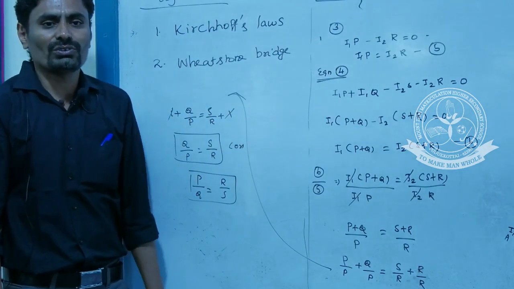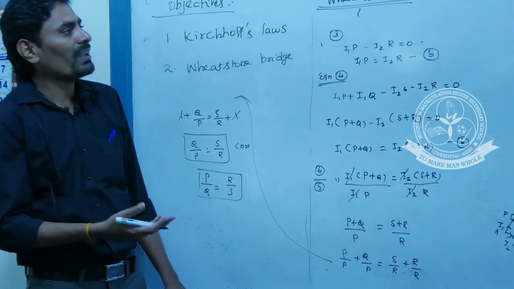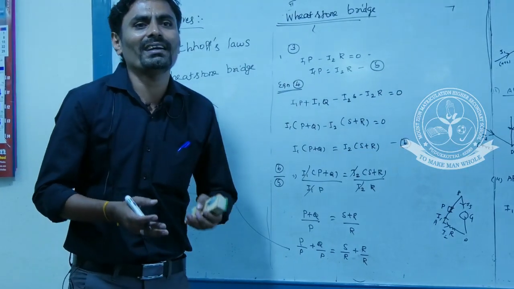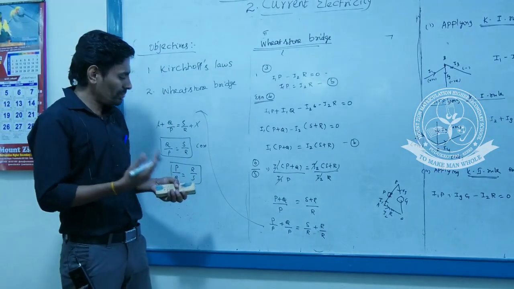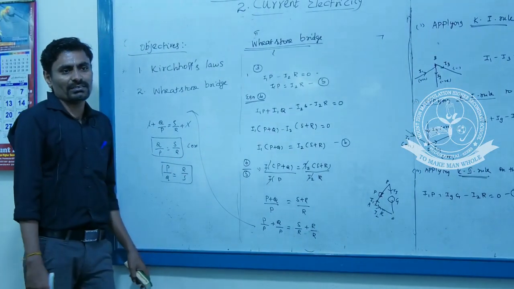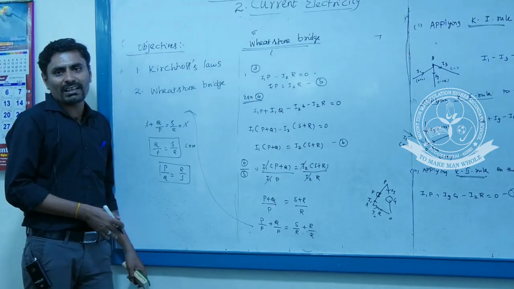So why are we using the Wheatstone bridge? We find unknown resistance and compare resistances. If we know two adjacent resistances, then the other two resistances can be compared.